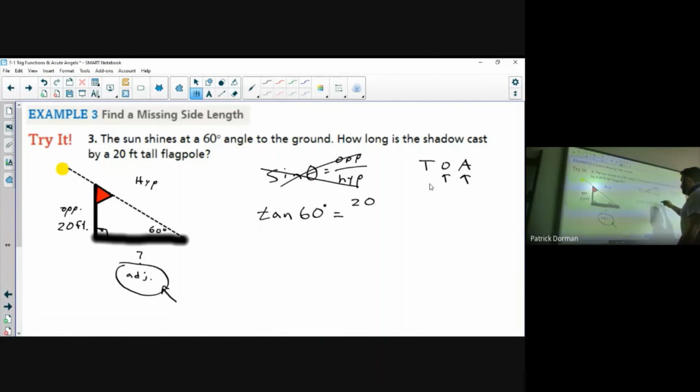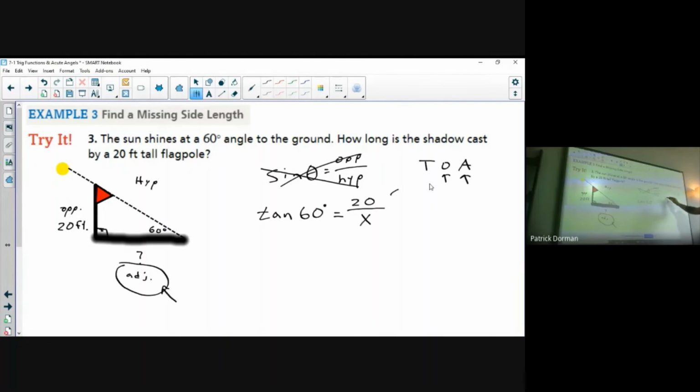I guess I could have used cotangent, and then I wouldn't have to flip it. It would take me one less step just thinking ahead. So I'm actually going to show you. I'll write this one down, and I'm going to choose to do cotangent because it's going to be less work. So this is the thing we're looking for, right? We're looking for adjacent.